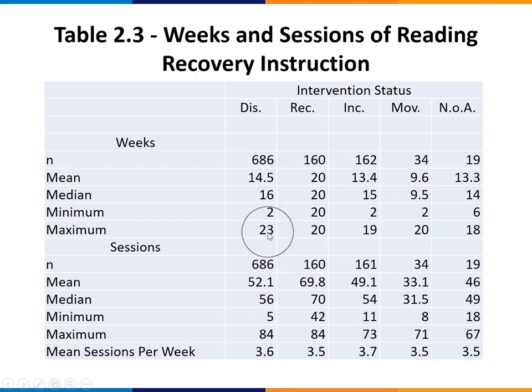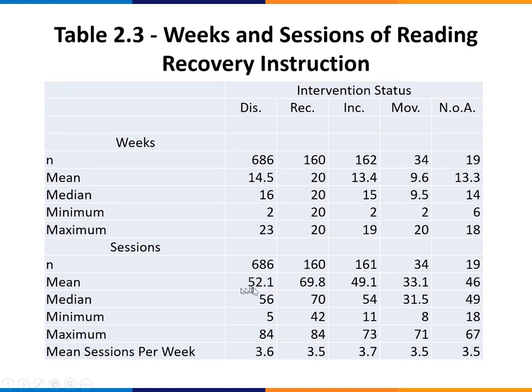This was kind of a big maximum number of weeks for kids to be discontinued, but it's not a huge outlier. The median tends to be a little more resistant to outliers. And sometimes when you have a small number of N's, it's better to use the median than the mean. But in any case, for these, it's okay. If you're unsure which one to use, it's fine. Just use the mean. You'll be just fine.